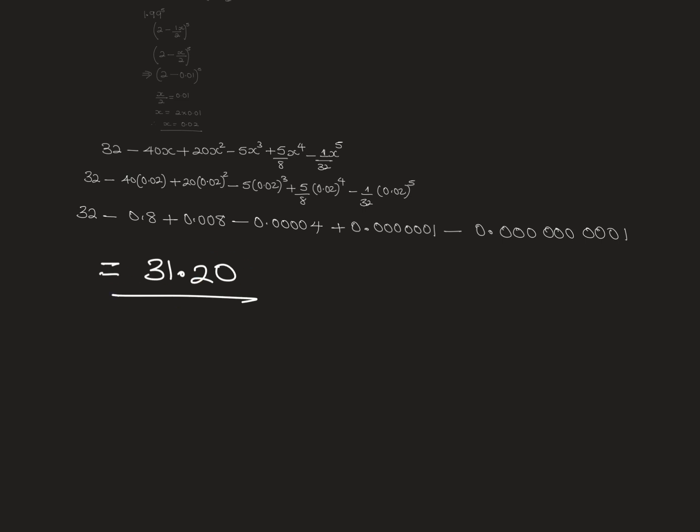So you don't need to do all the addition sometimes. And to know whether your answer is correct or close to this value, all you have to do is just insert 1.99 to the power 5 in your calculator and see whether you're going to have a value that is close to this. That is one way to prove that.